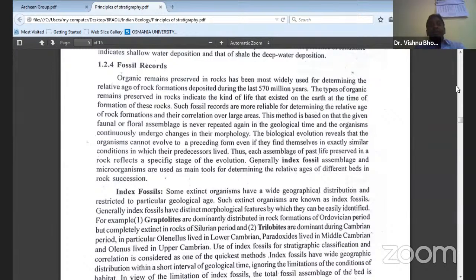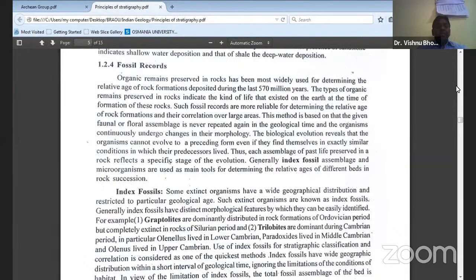So these plant bodies or animal bodies that remain as fossils give us clear information about the stage of time. Such fossil records are reliable for determining the relative age of rock formations, and for correlation over large areas.